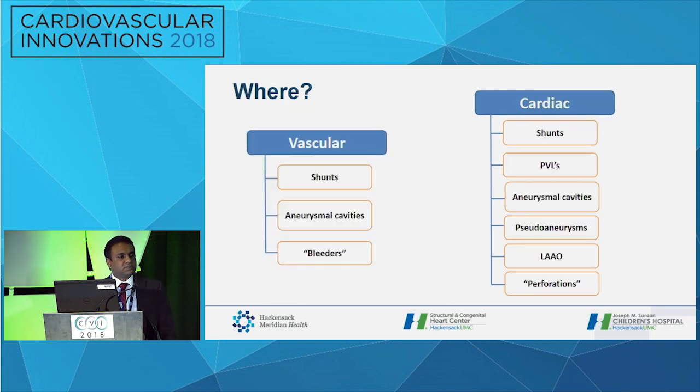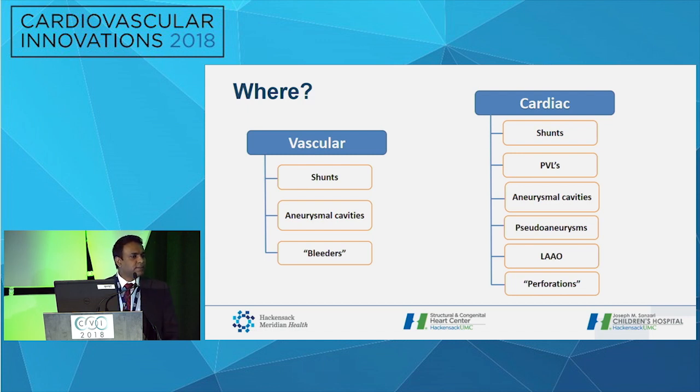Where do we use these devices? There are numerous applications, vascular and cardiac. Briefly, we'll go through some of them. In vascular, you're looking at various shunts and aneurysmal cavities, which our neurosurgical colleagues mostly close in the cerebral circulation for cerebral aneurysms. There are also bleeders, even a retroperitoneal bleed, that can be closed with some of these vascular plugs. When you come to cardiac, the use is even more broad.